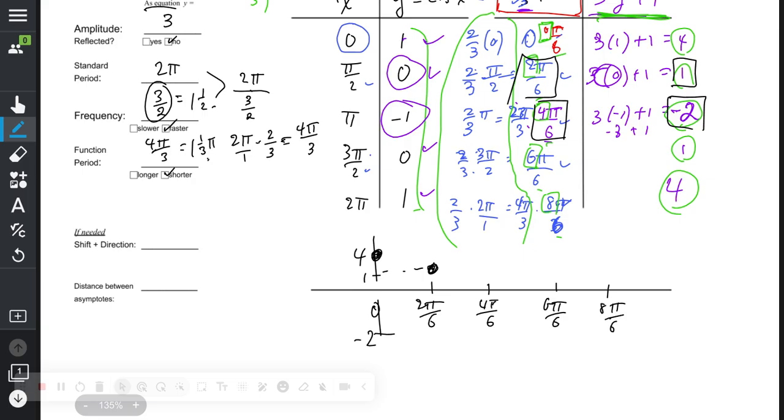So 4 pi over 6, negative 2. And then our fourth point was 6 pi over 6, right here, comma 1, back up to the mid. And 8 pi over 6 goes with the 4. So here, this has the shape that we expect from a cosine graph.